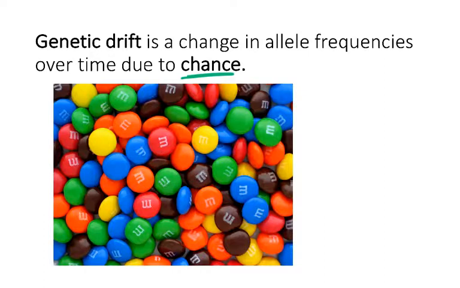If you were to stick your hand into that bag of M&Ms and pull out a handful to eat, and it just so happened that you only got blue ones, that's not due to any type of adaptation, or because the blue ones were better fit to survive in the environment. It's just completely due to chance. You happen to pull the blue ones.